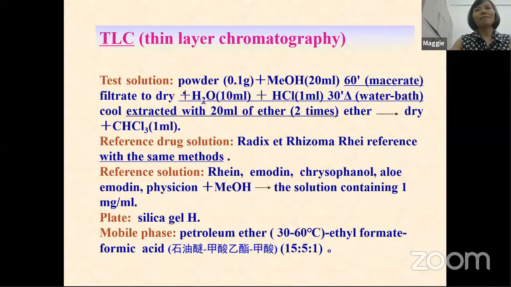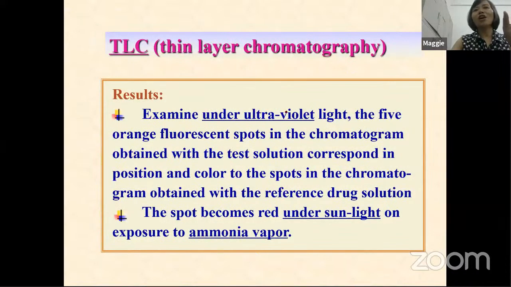And a TLC. So this is a test solution, reference drug solution, and reference solution, the plate, and mobile phase. The result: examine under ultraviolet light, the 5 orange fluorescent spots in the chromatograph obtained with the test solution correspond in position and color to the spots in the chromatograph obtained with the reference drug solution.